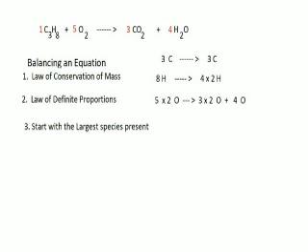And finally, we have 10 oxygens on the left in our 5 molecules. On the right, we have 6 oxygens in the 3 carbon dioxides and 4 in the 4 water molecules, and so we have 10 on each side. So the equation is balanced.